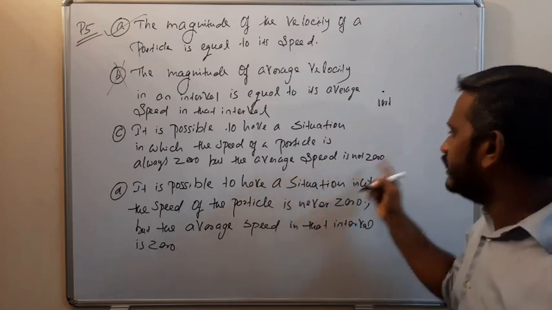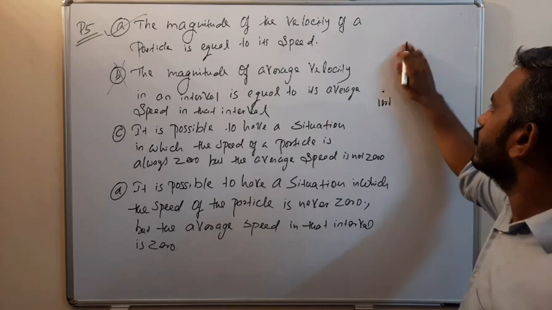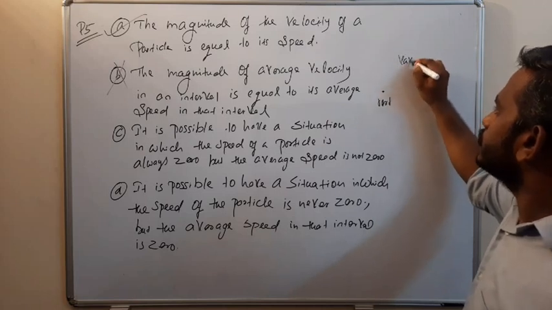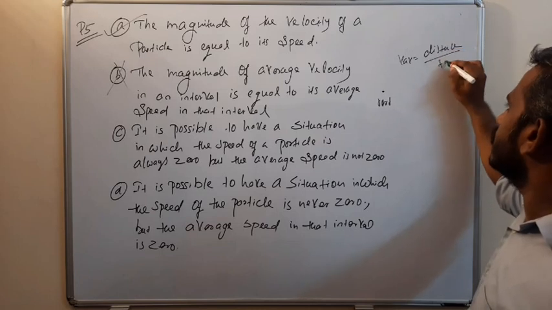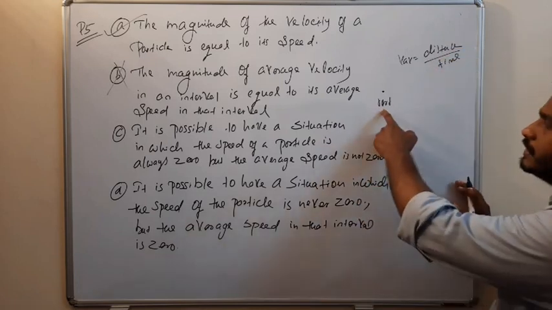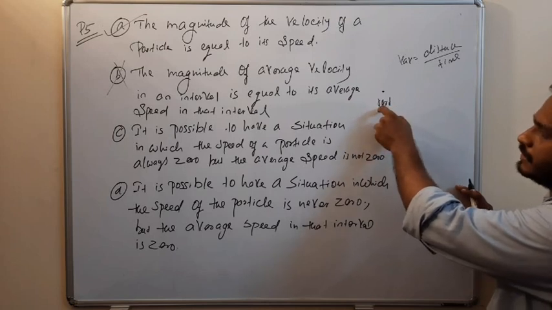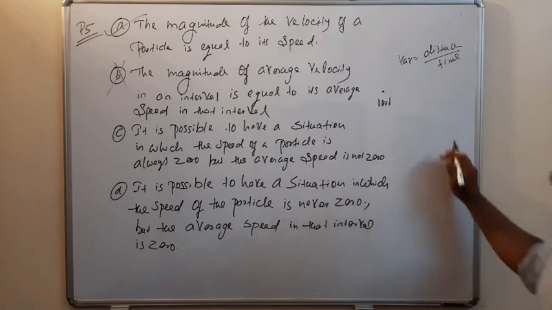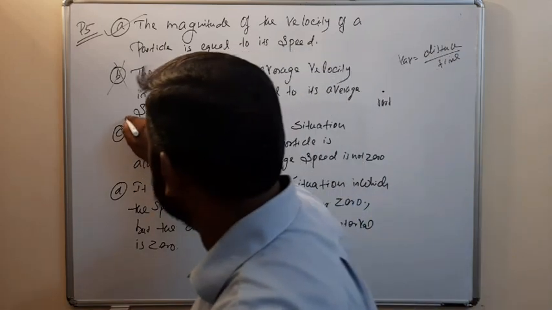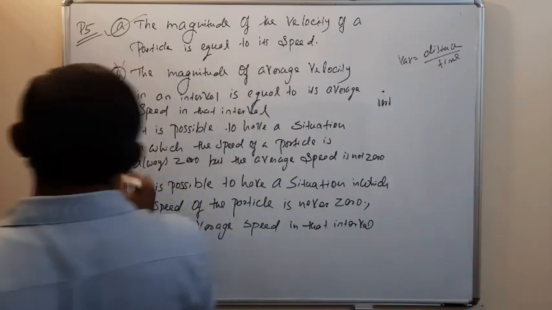Average speed is equal to distance by time. An object is at rest. How is it possible that an object at rest can travel a certain distance? It is not possible. So that's why this statement is wrong.